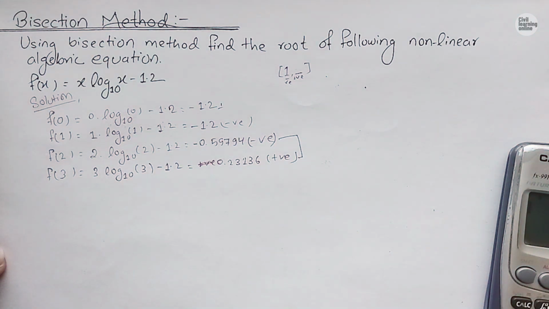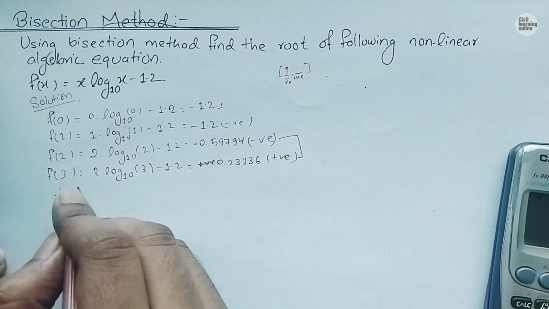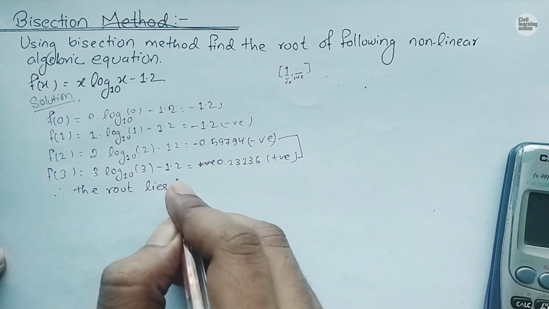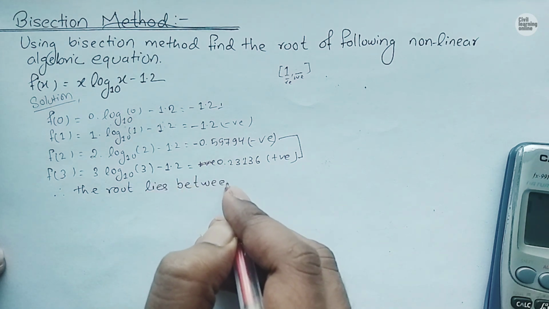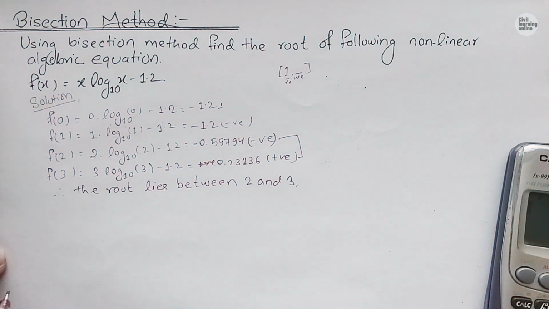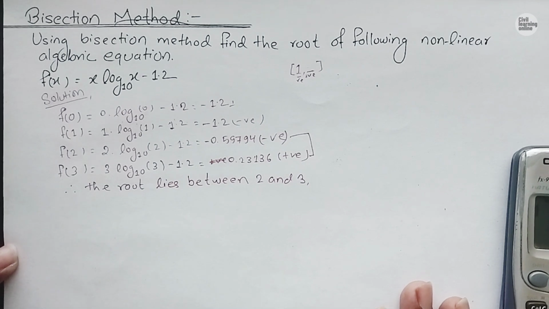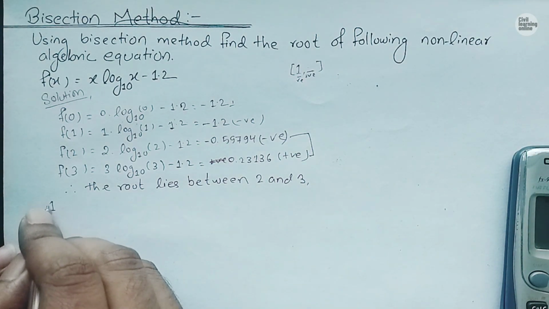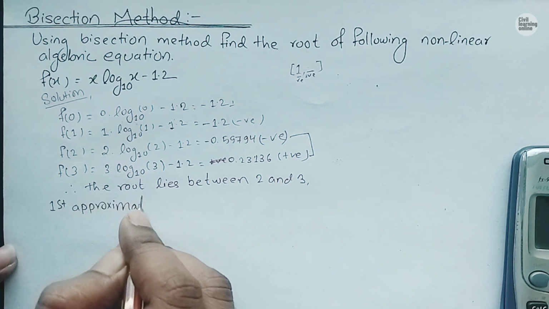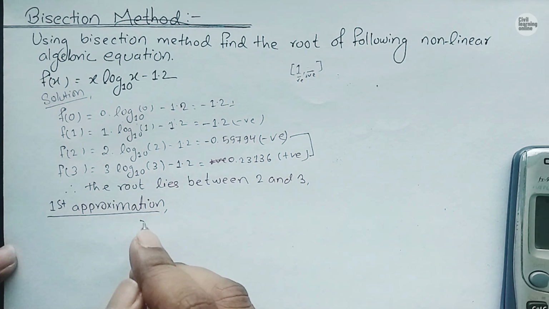Therefore the root lies between 2 and 3. After finding the numbers between which our root lies, we will do our approximations. Let's proceed with the first approximation. I denote our first approximation as x1.